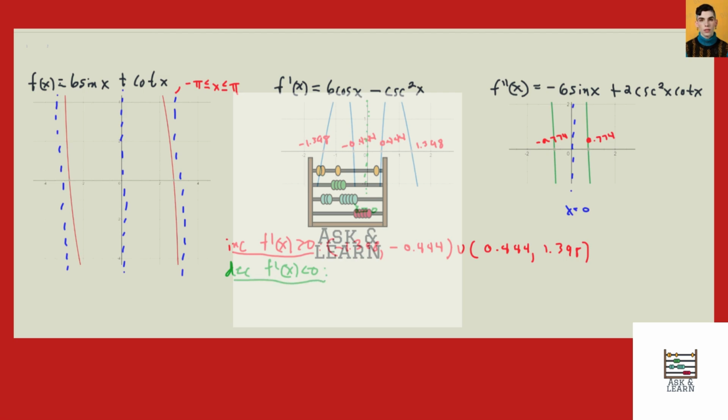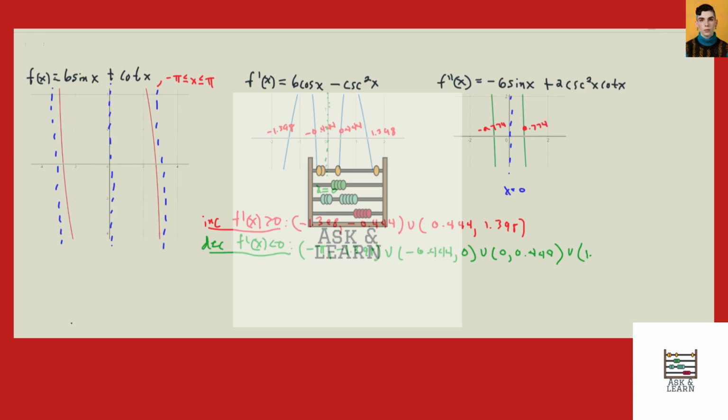So this is going to be from negative pi, because that's our endpoint, to negative 1.398, union with negative 0.444 to 0, because remember that's where our vertical asymptote is going to be, union then 0 to 0.444, and then 1.398 to pi being our other endpoint on this interval.